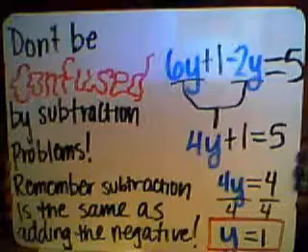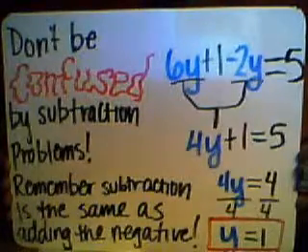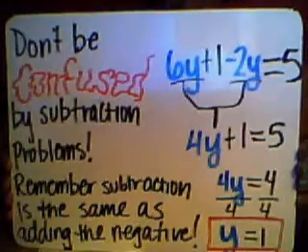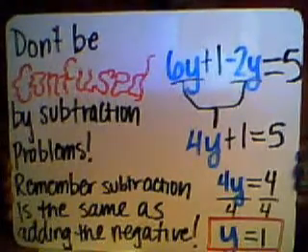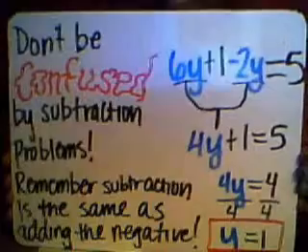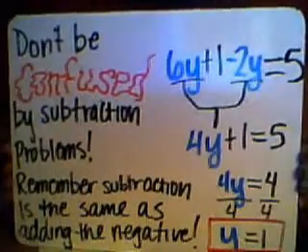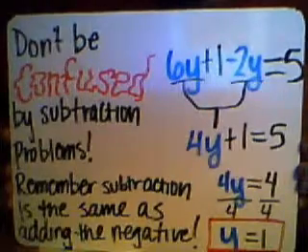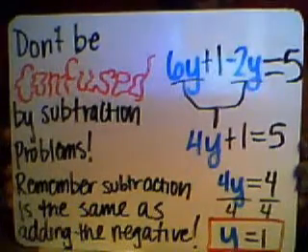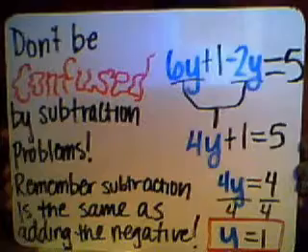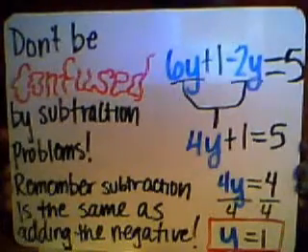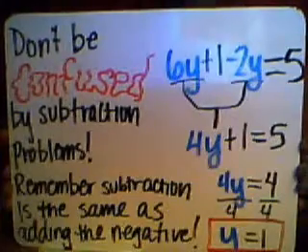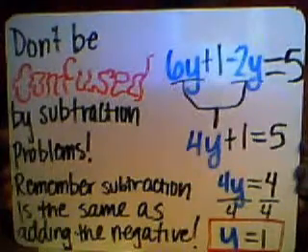But because we have 6y minus 2y, or plus negative 2y, however you want to look at it, you're going to get 4y. That's the only difference. So you do the same thing. Don't get confused by the negative sign or a minus sign. Just treat it as a negative or a minus. It can't be a negative and a minus at the same time, but you can always treat it as either a minus or a negative and tie it to the number that comes after it.